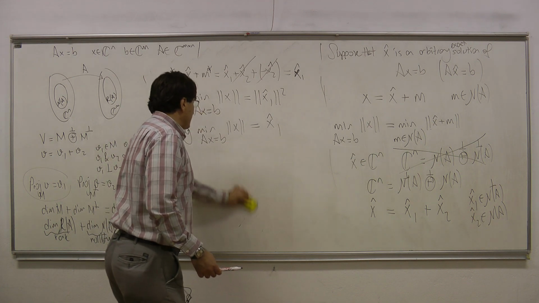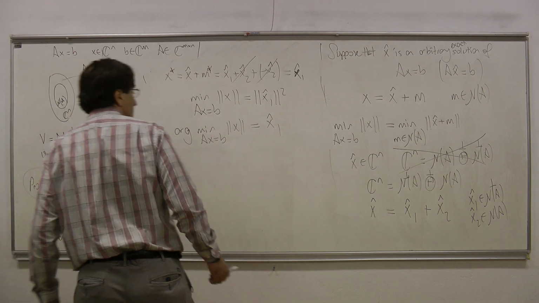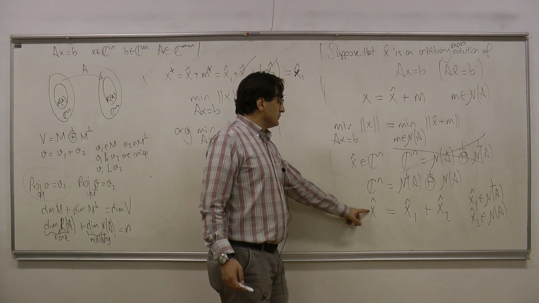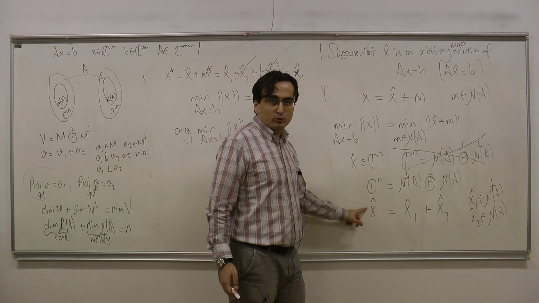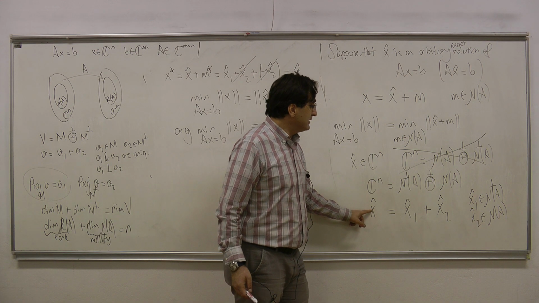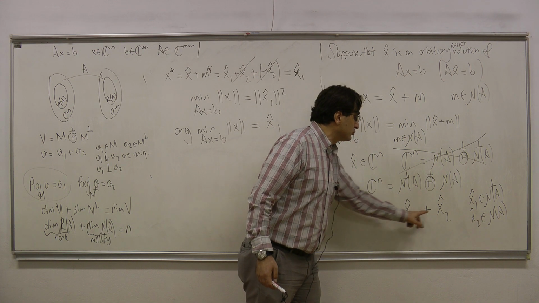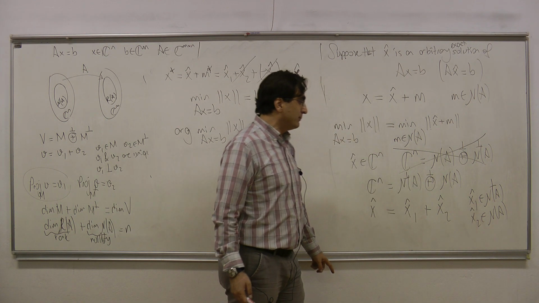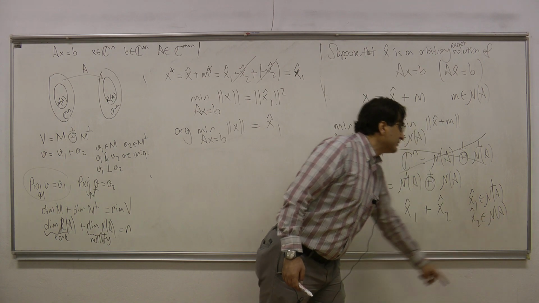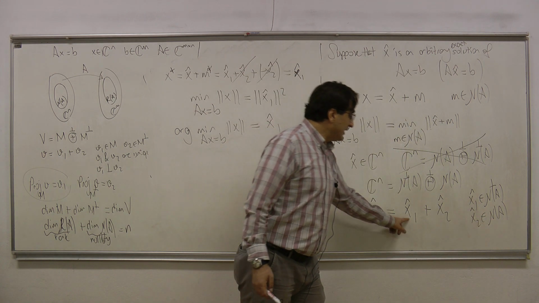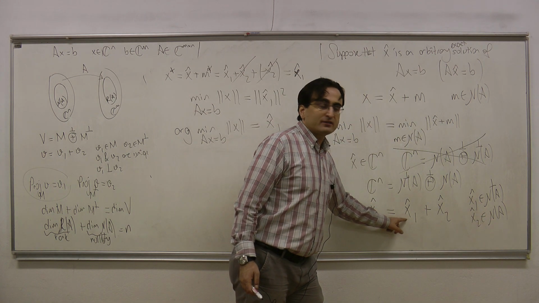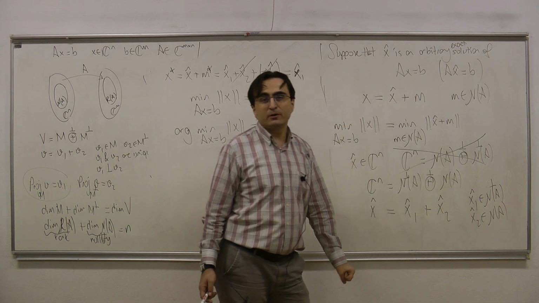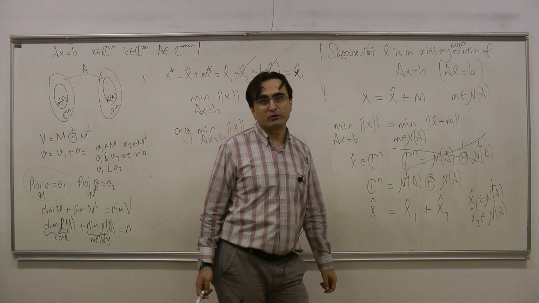x1 hat can be obtained by taking an arbitrary solution, x hat, and then decomposing it into two parts. The first part is in the orthogonal complement of the null space of A, and the second part is in the null space of A. The component inside the orthogonal complement of the null space of A will be our minimum norm solution.